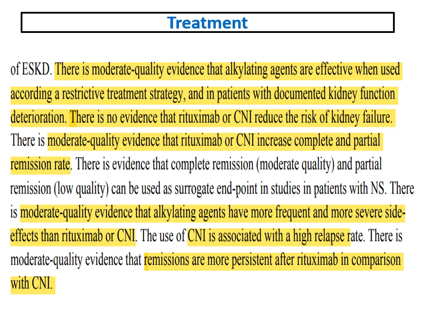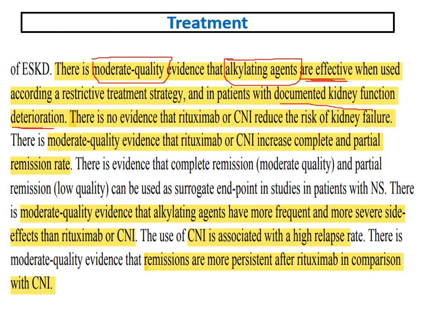What is the evidence for these recommendations? There is moderate quality evidence that alkylating agents, which are cyclophosphamide and chlorambucil, with cyclophosphamide better than chlorambucil, are effective in patients with documented kidney function deterioration.